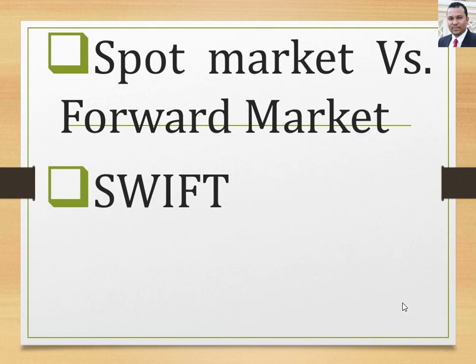Spot market versus forward market. Finally, we talk about two main categories in the Forex market, which are spot forex rate and forward forex rate. In case of spot forex rate, this is a type of transaction which requires immediate delivery or exchange of currencies on the spot.